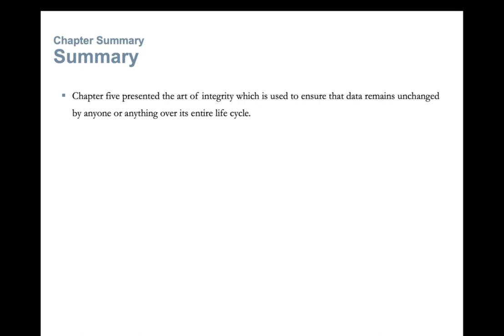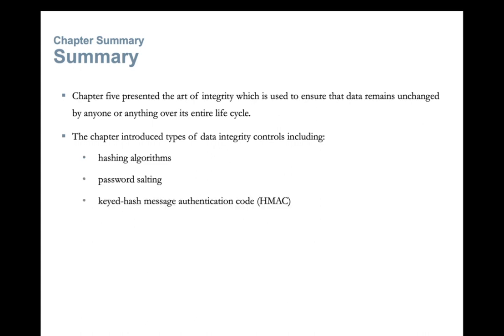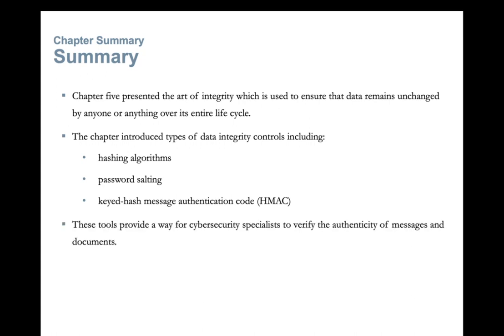We also discussed the types of data integrity controls like hashing algorithms, password salting, and keyed hash message authentication code, the HMAC, which are important concepts for cyber heroes to use in the implementation of digital signatures and certificates. And these tools provide a way for cybersecurity specialists to verify the authenticity of messages and documents.